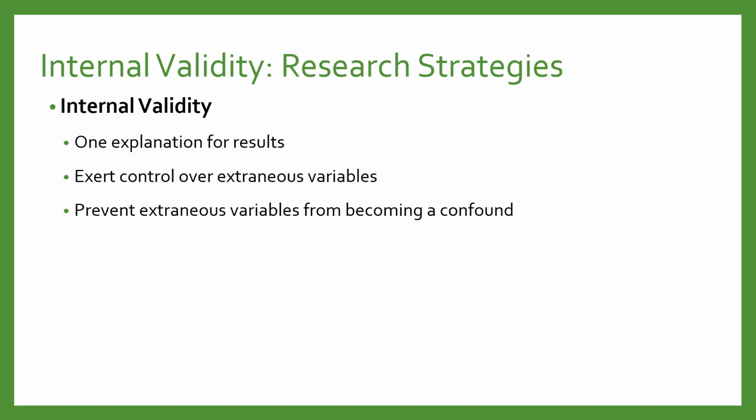Or in correlational or non-experimental research, you could just measure and monitor the impact of confounds on results. So you really want to prevent those extraneous variables from becoming a confound so that there's no alternative, non-IV based explanation for the changes, the differences in your DV or your dependent variable.